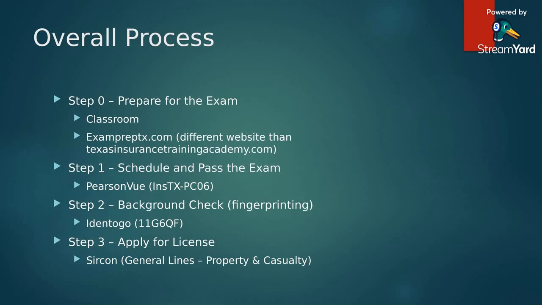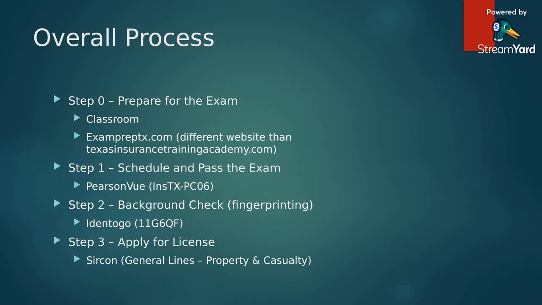Once you've completed those first 2 steps, then you will be allowed to apply for your license in step 3, which is going to be through a company called Circon. When you go through Circon, you're going to be able to access all of these links on our direct website, texasinsurancetrainingacademy.com.